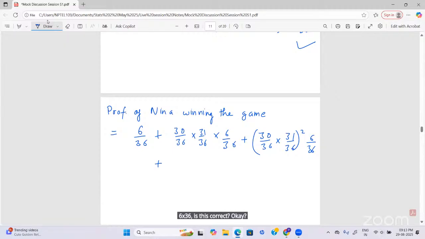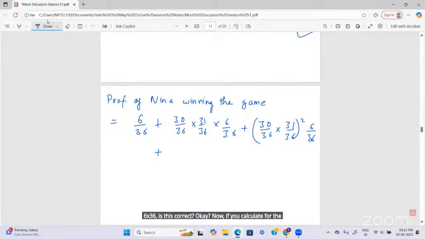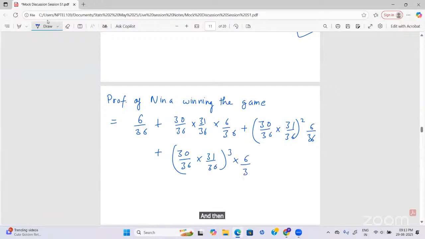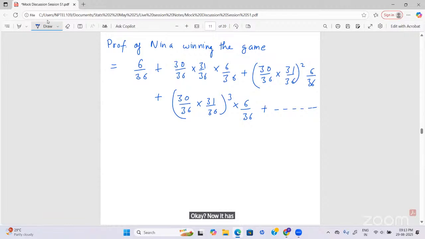Now, if you calculate for the seventh throw, it will be 30 by 36 into 31 by 36 whole cube, and then 6 by 36. Is this correct? Yes, ma'am. Now it has become a geometric series. First of all, we can take 6 by 36 common.